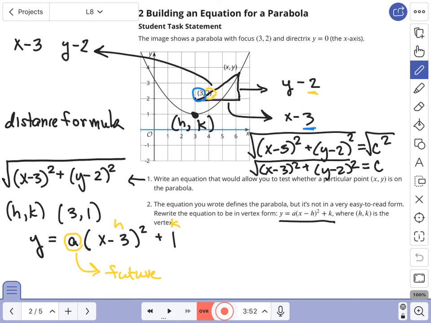But it does deal with the distance from the vertex to the directrix, where that distance looks like it is 1 unit. And a in this equation is 1/4. What I can write from the previous slide is this. Okay, so we're going to get to this a term in a future lesson because we don't want to go through all that algebra to come up with an equation for a parabola.